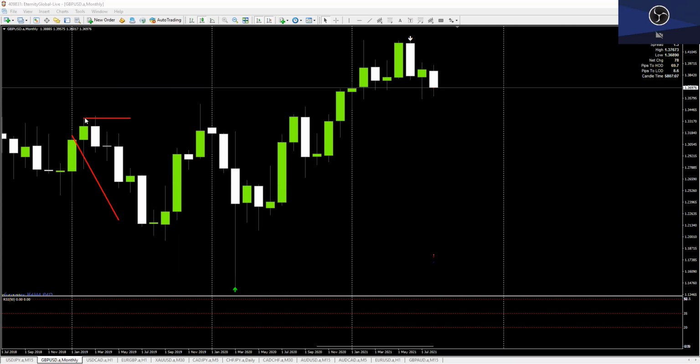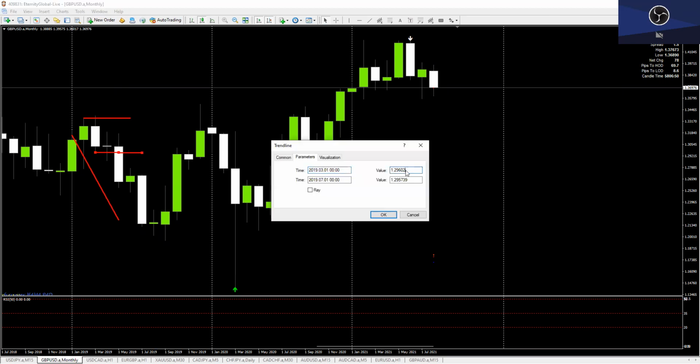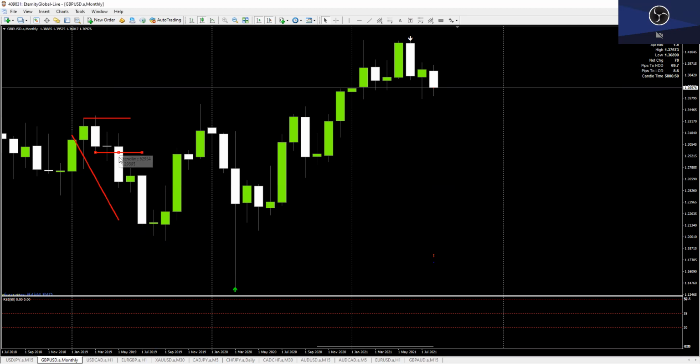So we have a high. All right, the low formed is here. I'm just copying and pasting, therefore I have a straight line.